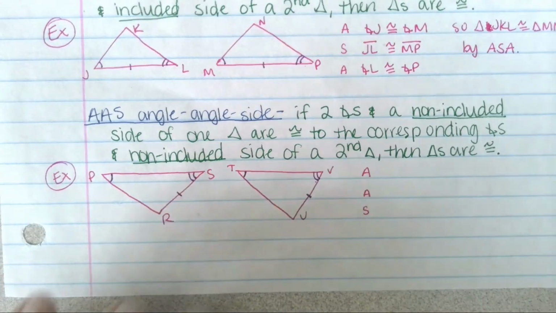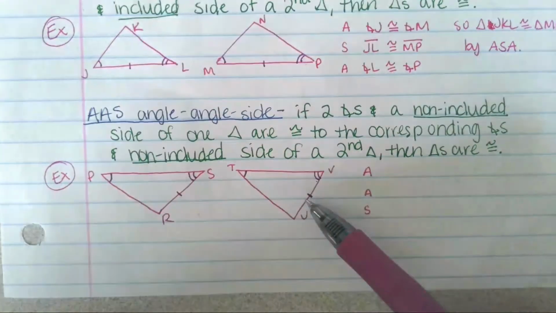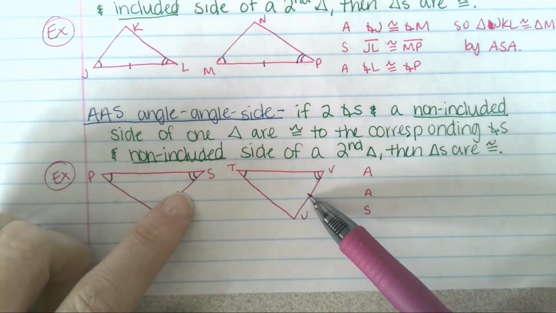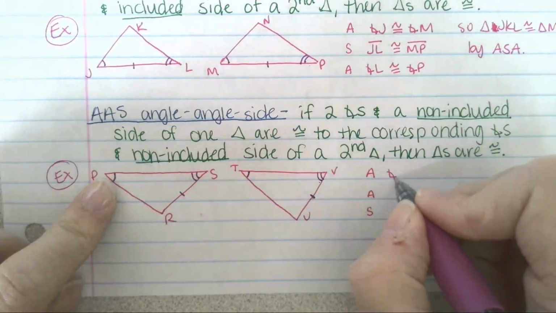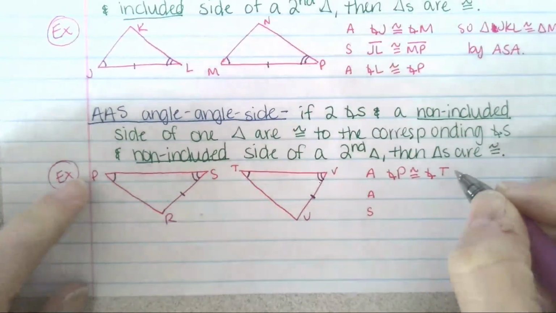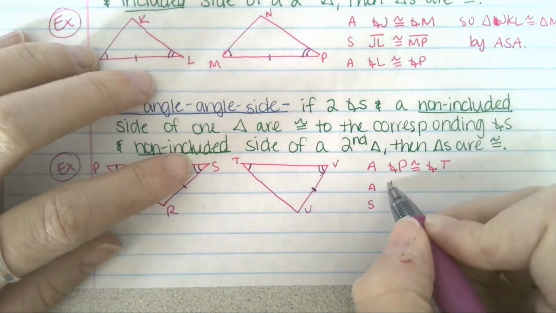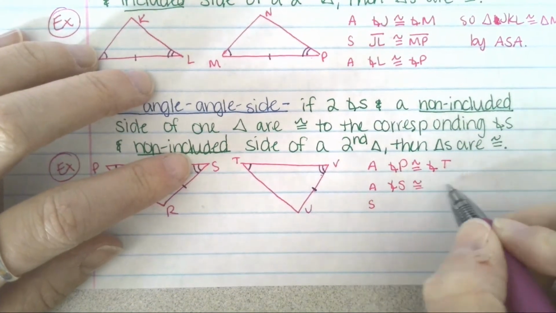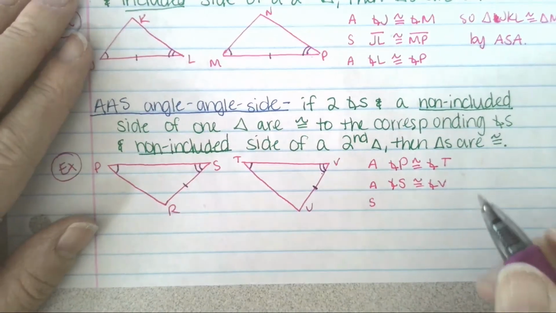But for this, we're starting with our angle that's across from the marked side. So my marked side is here, so we're going to start with the angle that's across from it. So angle P is congruent to angle T. Then we have the angle touching the side. So angle S is congruent to angle V. Now we have our side.